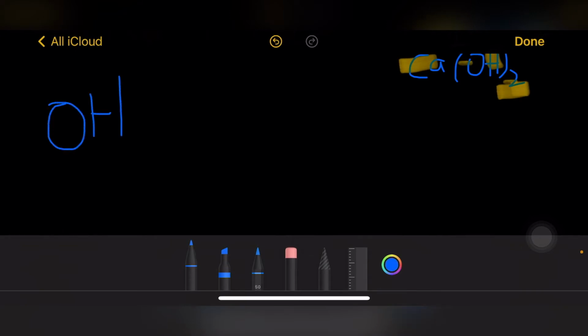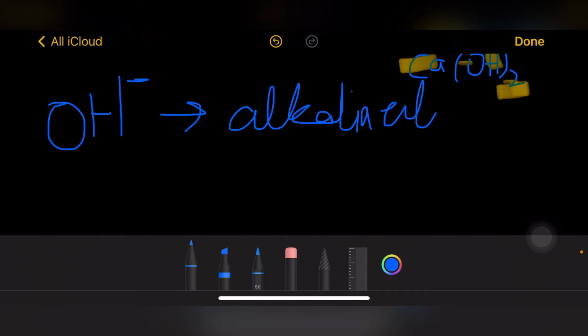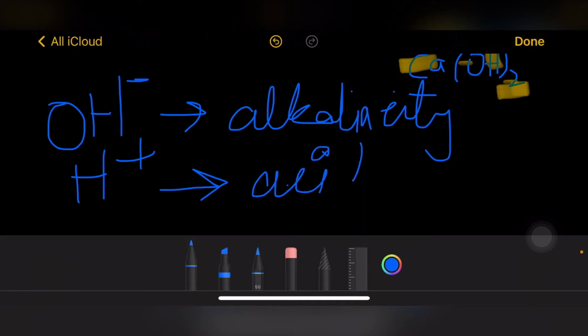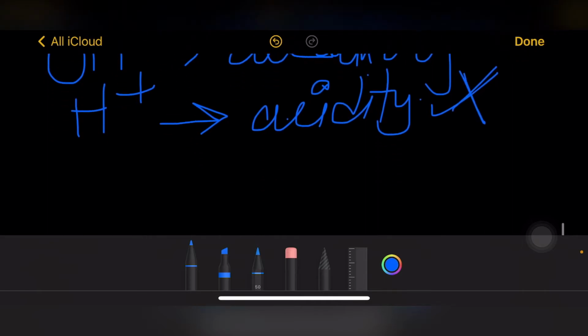OH minus shows alkalinity, and H positive ion shows acidity. This was not asked, but I'm just telling you.